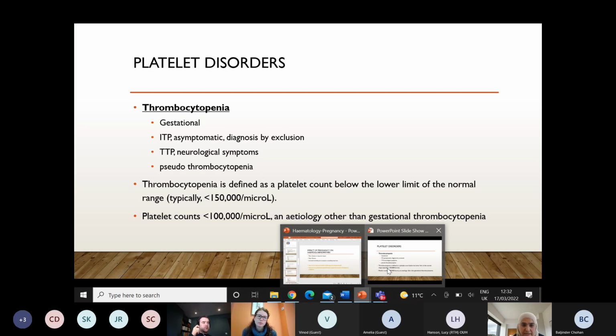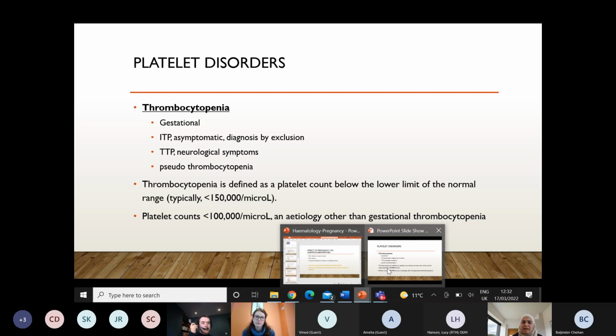For people we think are gestational, their full blood count can just be checked at 6 weeks by GPs, and if they are still thrombocytopenic, then they need a hematology referral. We do not routinely refer them to hematology. So it depends on the levels. If it is severe, definitely hematology follow-up. Thanks.